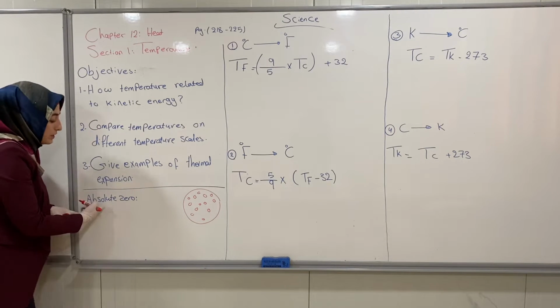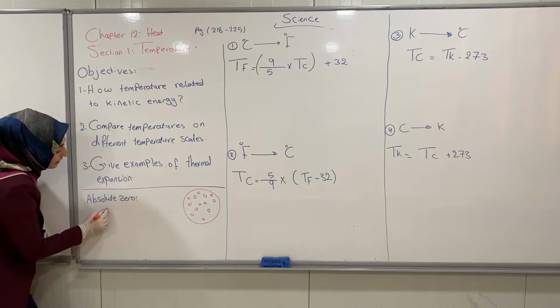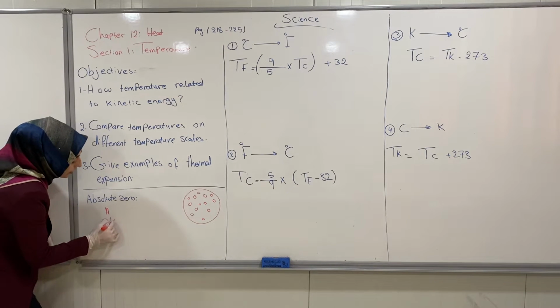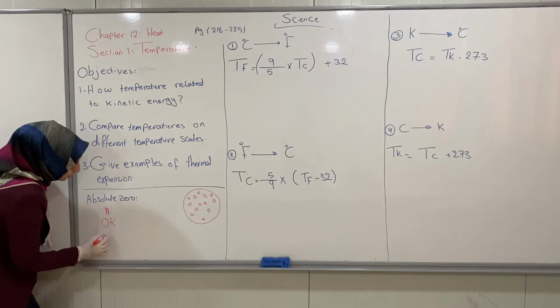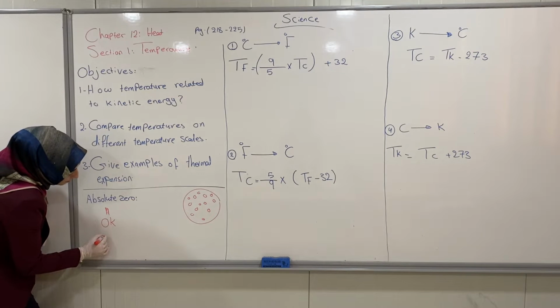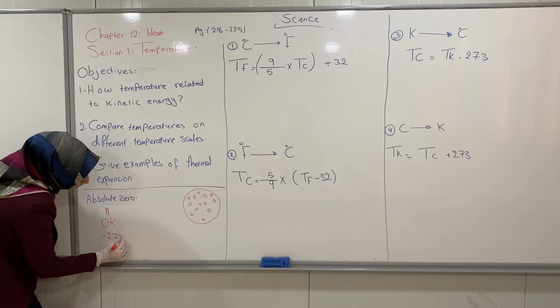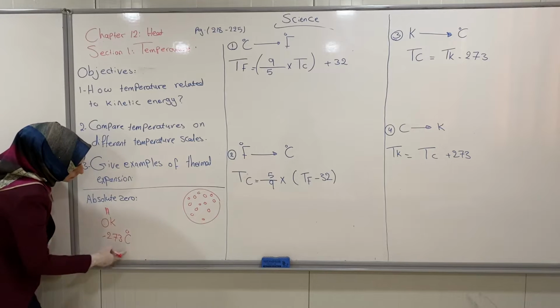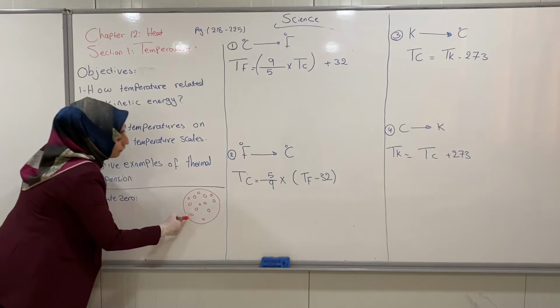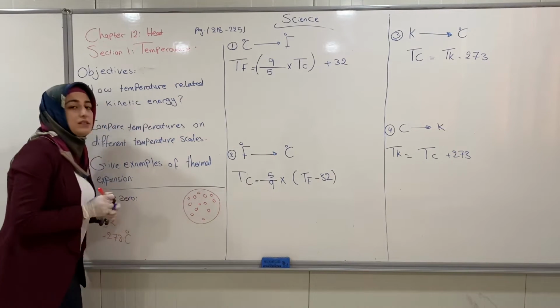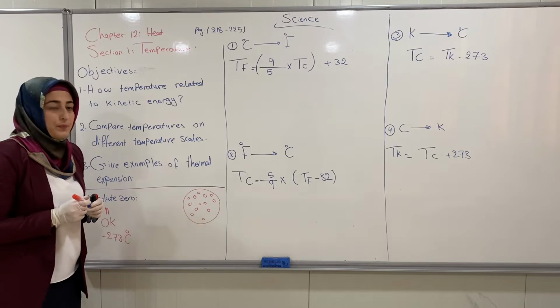But absolute zero, which is equal to 0 Kelvin, or minus 273 Celsius, is the point where the movement of all particles inside the object stops.